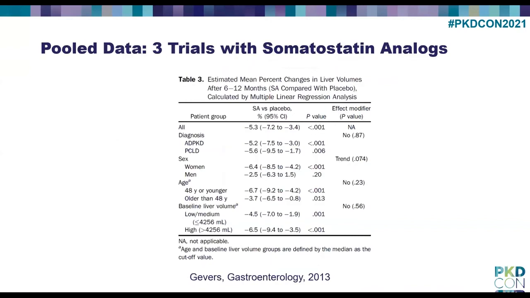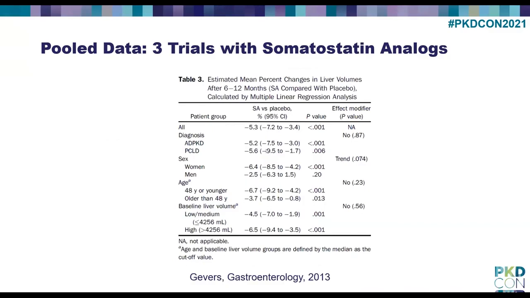And then for people who are really not candidates for invasive surgical therapy, we do think of treatment with medicine. So there's one medicine that has been approved. These are called somatostatin analogs that help shrink the size of the liver cysts.